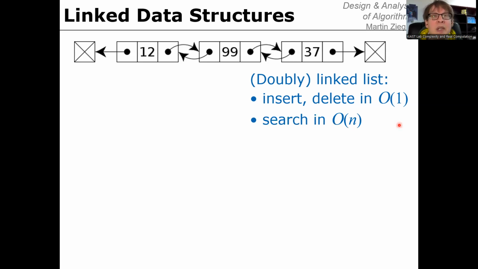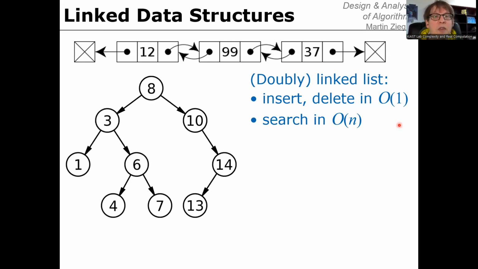In the worst case, we will need to run through the entire linked list, even if the linked list happens to be sorted. So binary search is not supported by a linked data structure in general, and therefore searching takes a long time. And this motivates other linked data structures such as binary trees.